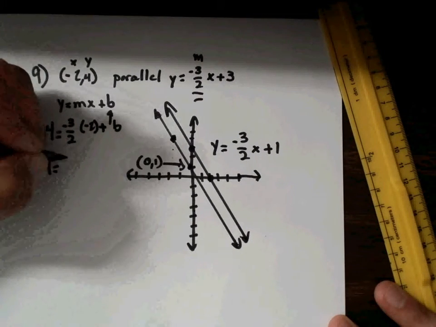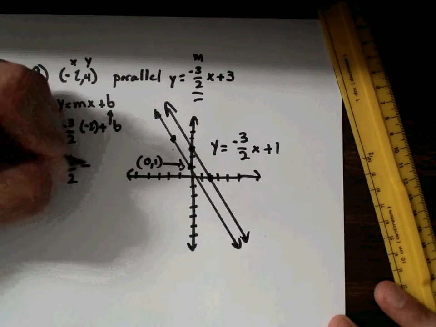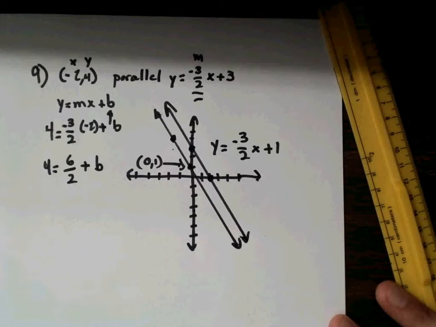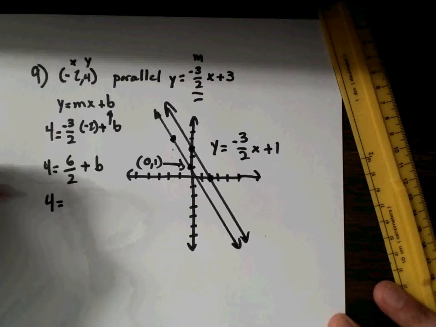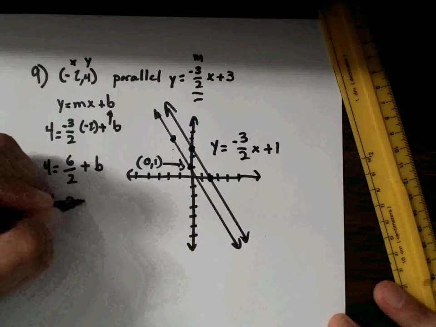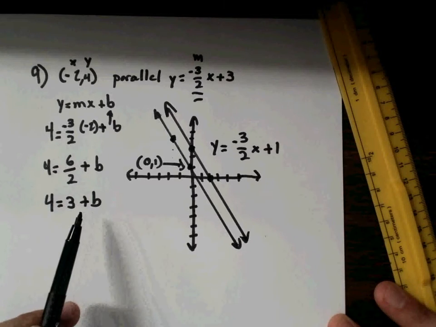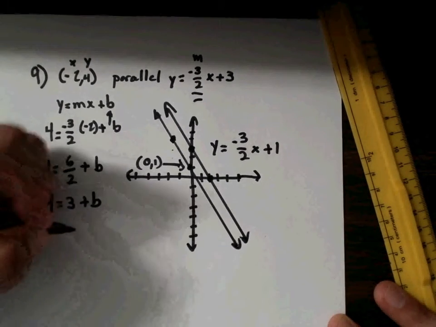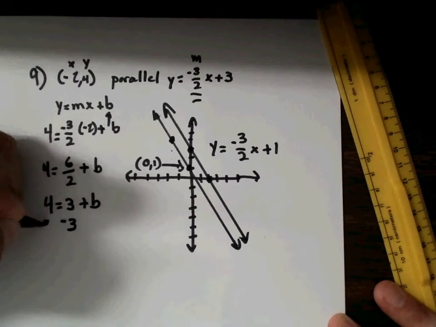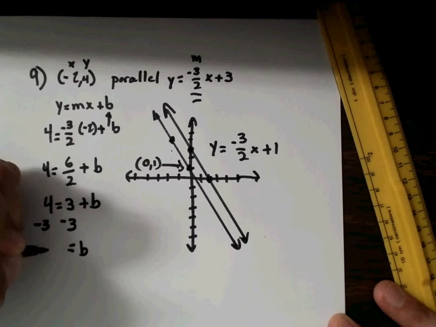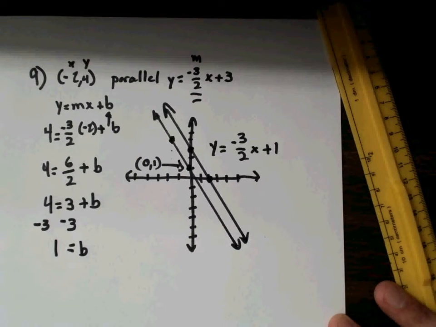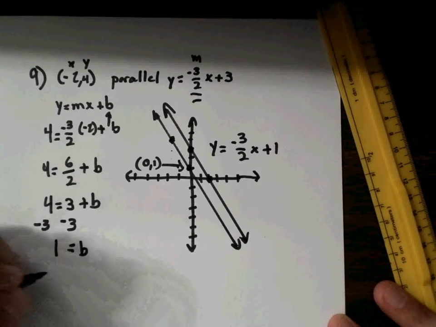That's going to be negative 3 times negative 2, which is positive 6 over 2 plus b. What is 6 over 2 reduced down to? 3 over 1, or just 3. I got adding and subtracting on the b. I need to get the b by itself, so therefore I need to create a 0 right here by subtracting. B is going to equal 1. So I get that the same way.